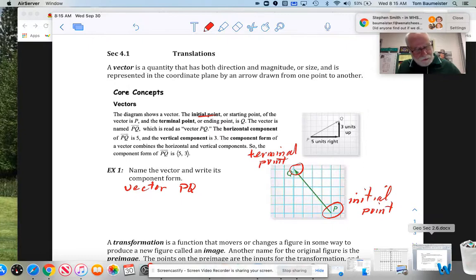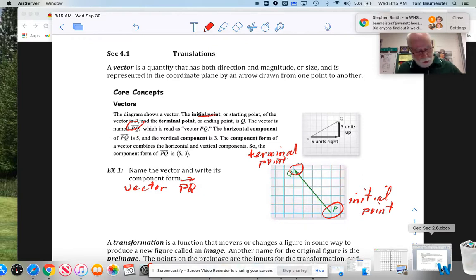Now again, I kind of question this because to me it looks like a ray. So it'll be interesting to see what your homework says, because every once in a while they use, and I think even in the example in the textbook they use it as a ray.